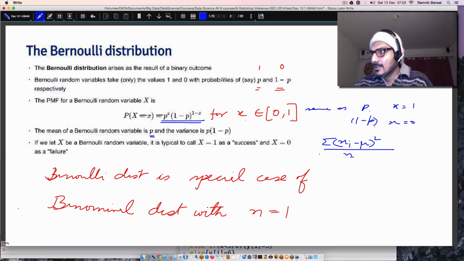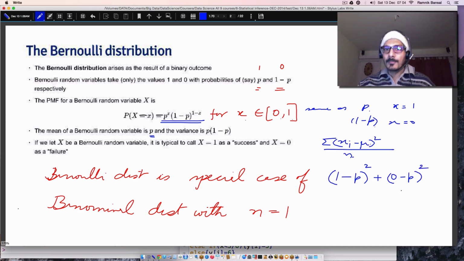Then the variance would be, because one of the values is 1, 1 minus p the whole square, plus 0 minus p the whole square.